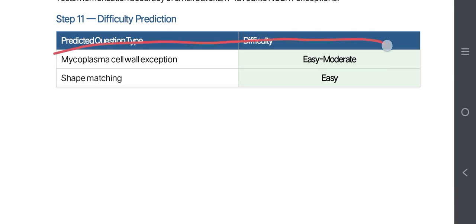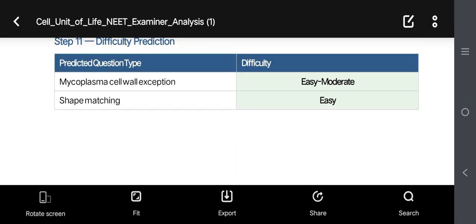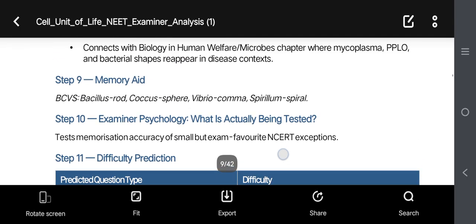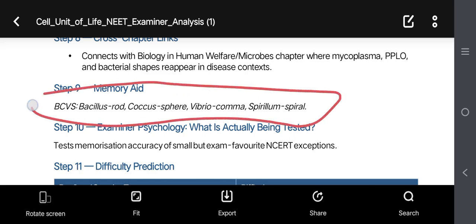One of the basic questions given in this chapter is mycoplasma. And shape matching is also a very basic question, in a very easy format. We generally discussed it above. This is very important.